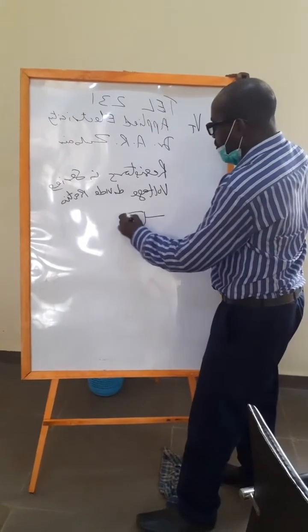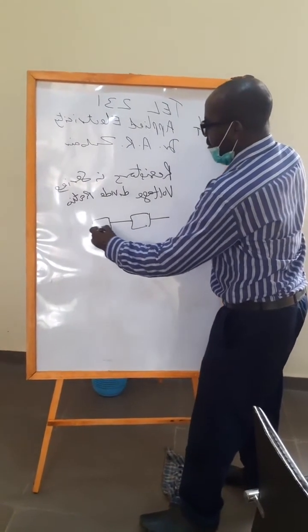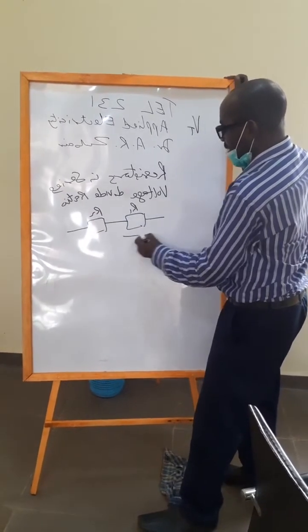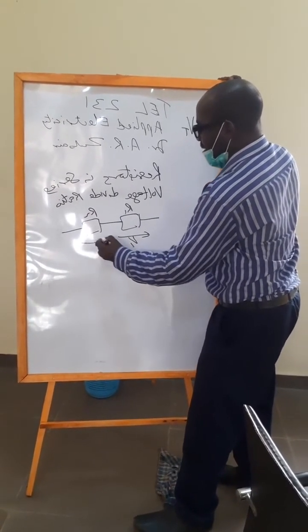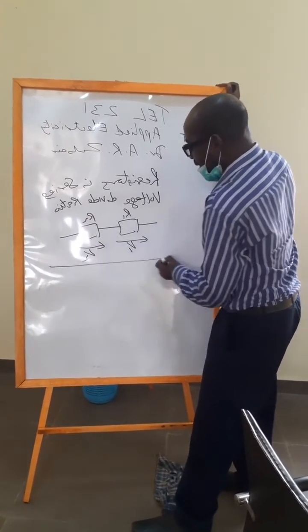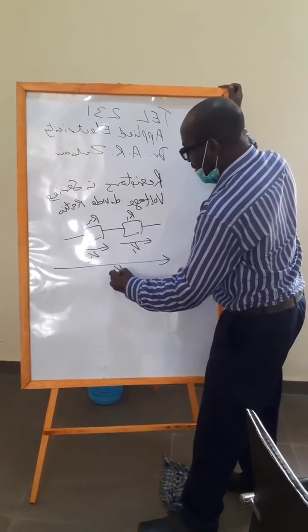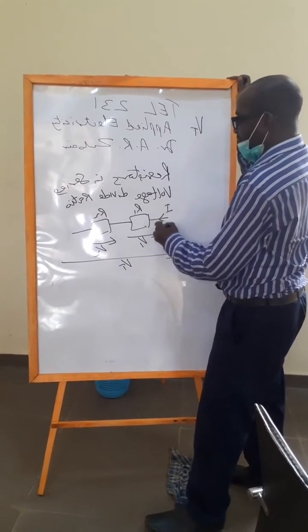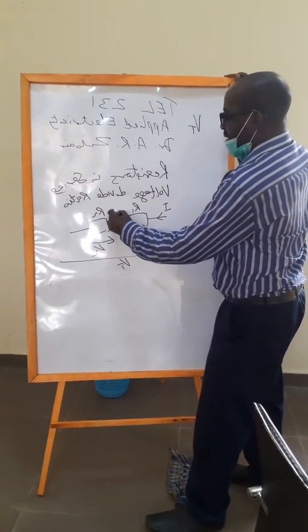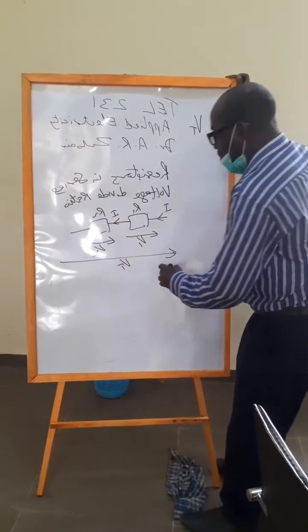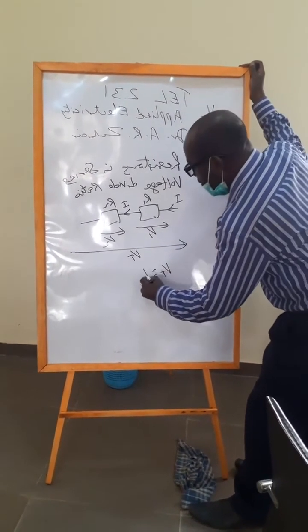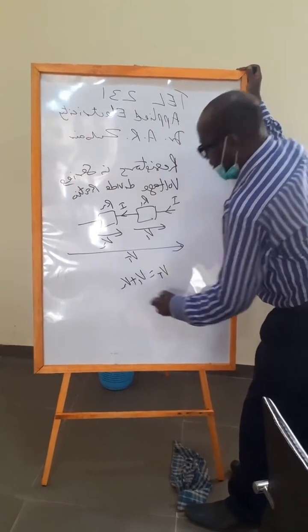When we have two resistors, this is R1, R2. This is V1, this is V2. And the total voltage is V total. We have current I going through this. We know that Vt is going to be equal to V1 plus V2.